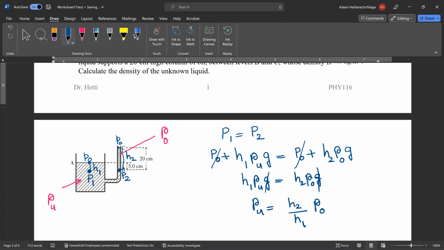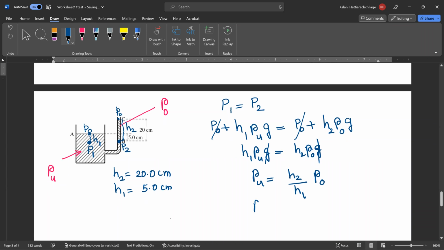Okay, so now you see that H2 equals 20 centimeters. I don't want to convert it, but if you want, you can convert it. Since it is a ratio, you don't want the units in there. If both units are the same, you can just keep it as it is. So H1, you can see it is 5 centimeters, right? So now you go here and plug in the values, then you will be able to calculate the unknown density.